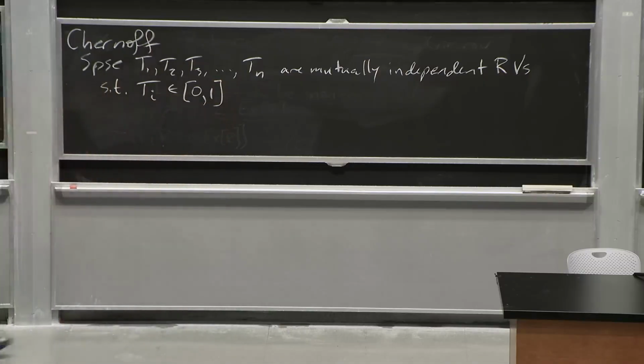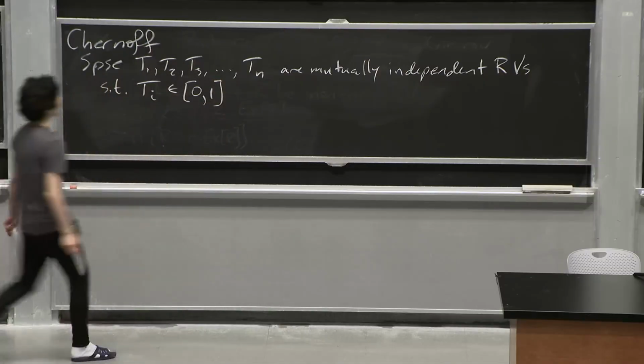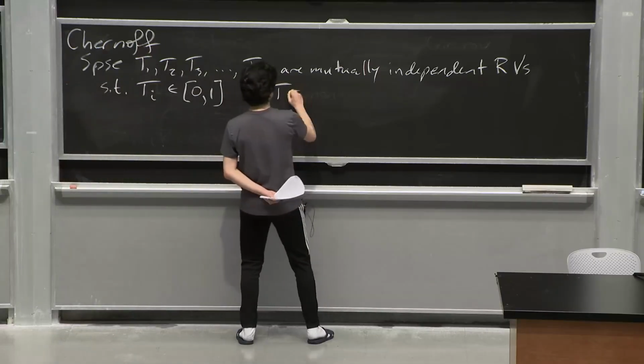The random variable we actually care about is T, which is their sum.